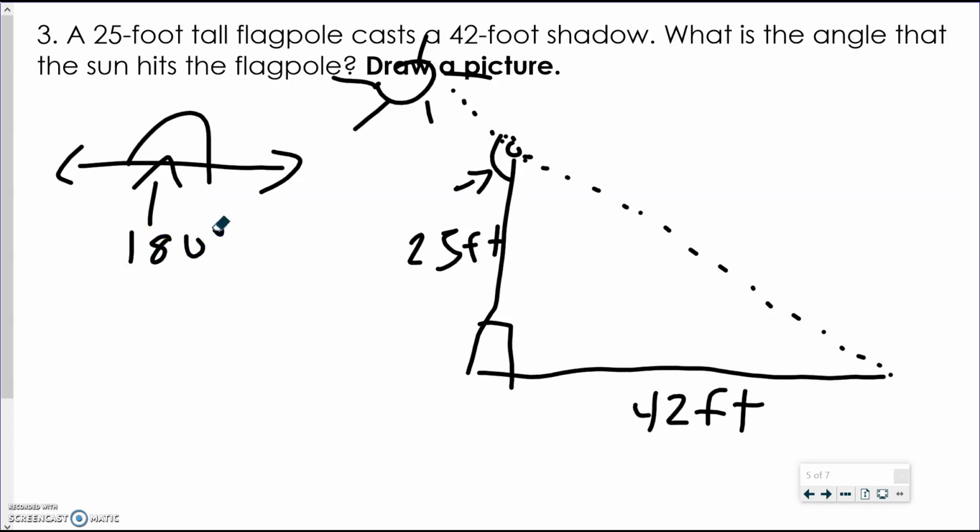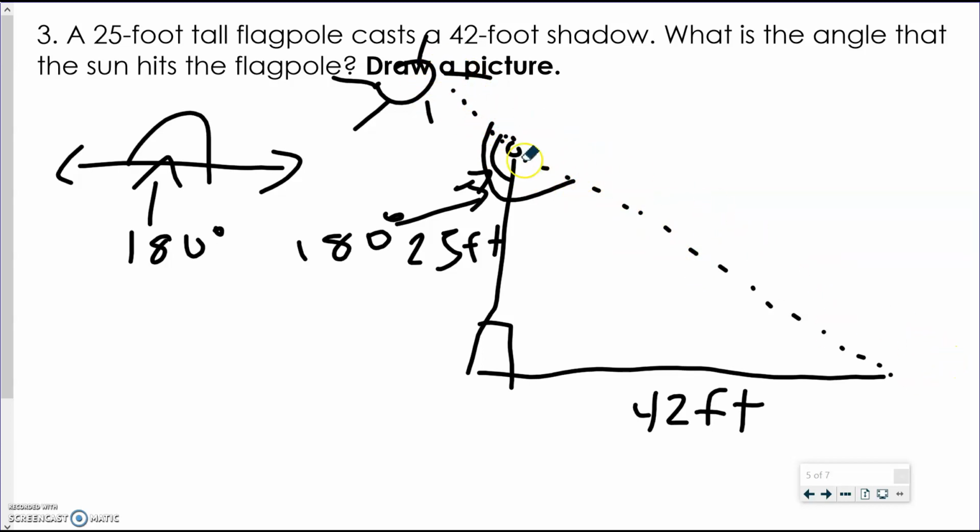Now looking at the rays of sun that are going through the flagpole, I know it's not a straight line, but it would be a straight line, so this entire angle right here would be equal to 180 degrees. So again, the angle outside of the triangle and the angle just inside the triangle, all of that together should equal 180 degrees because it's a straight line coming off the sun.